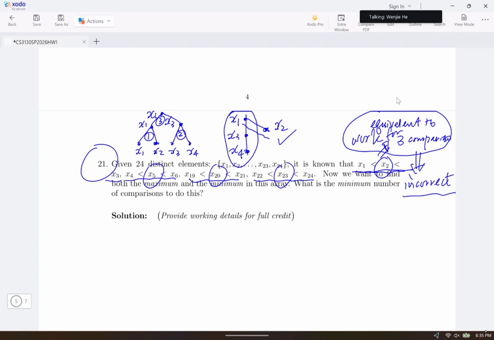Yeah. That equivalence, here, x1 less than x2, is equivalent to 1 comparison. That's okay, right? But you need to think about whether any such inequality is equivalent to 1 comparison.